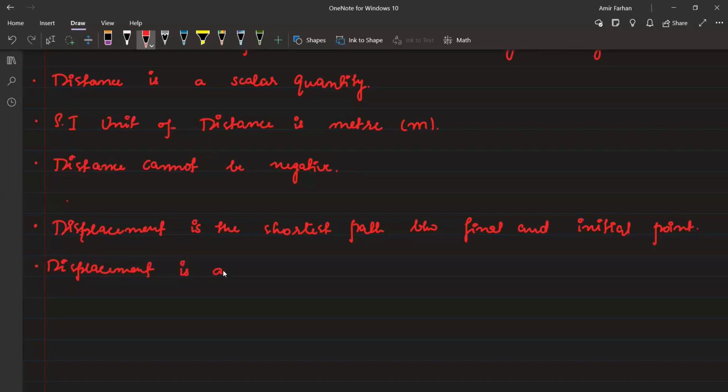Displacement is a vector quantity, which means it has both magnitude and direction. Clear, everybody?